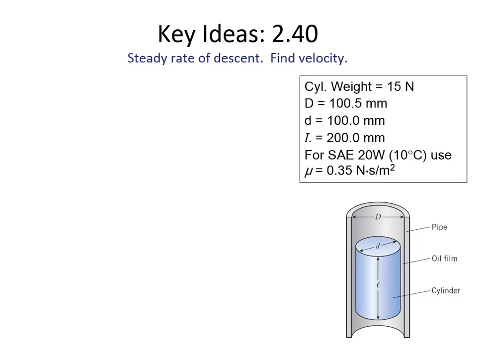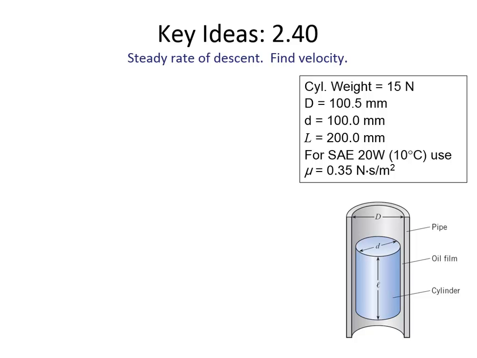All right, so it says in the problem statement that it's undergoing a steady rate of descent, and they want you to know what is the velocity. So the cylinder is falling down. Why is it falling down? What's causing it to fall through the pipe?